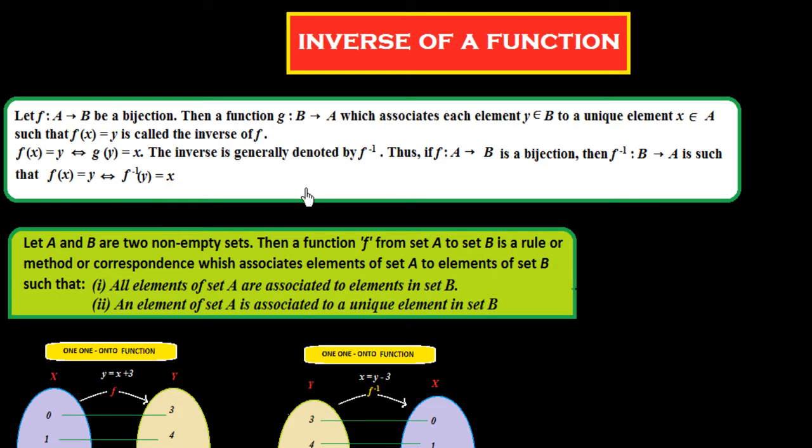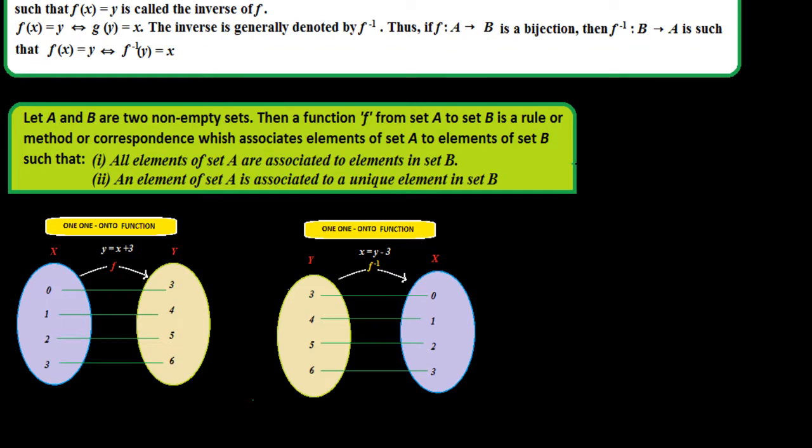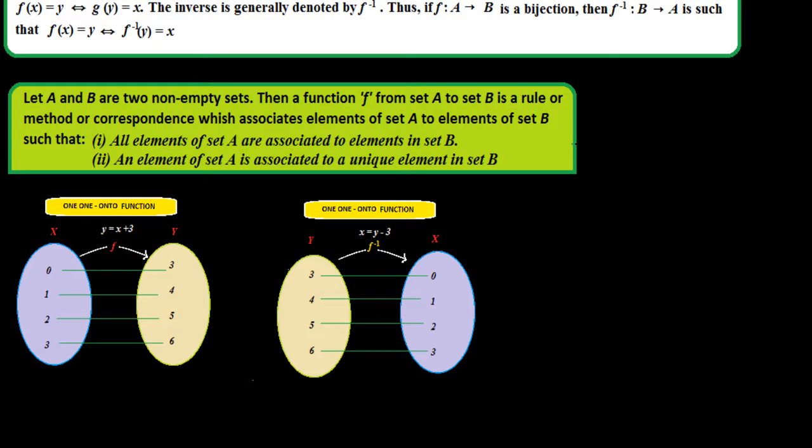Now I would like to explain why only bijective functions are invertible. Other functions, why not? First I want to explain the definition we studied in our previous session. Let A and B be two non-empty sets.